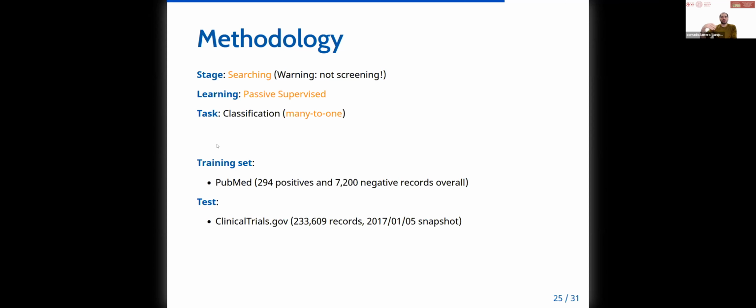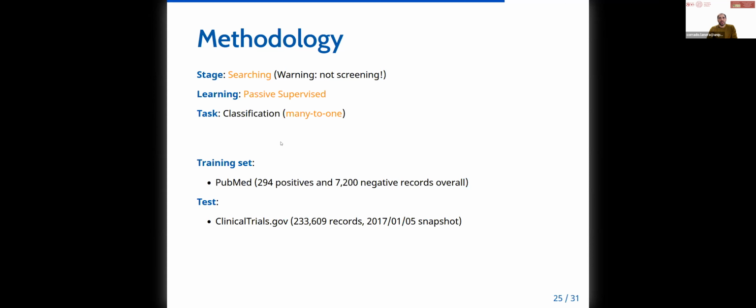So we are not screening records, but only selecting, something like what happens when you put a search string in PubMed. And this is a supervised passive learning, because we have all the answers, we have all the information in PubMed, and we don't need to update our knowledge.